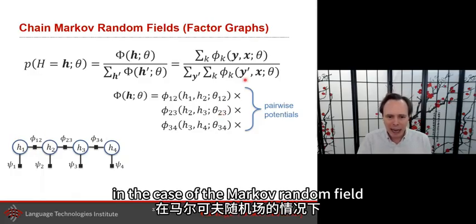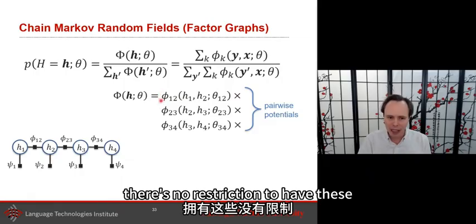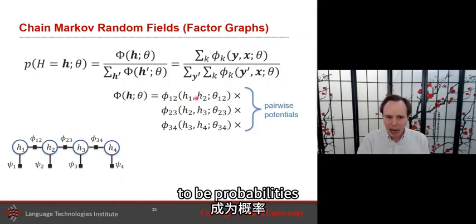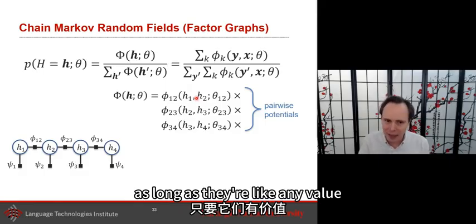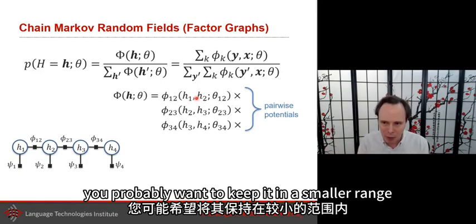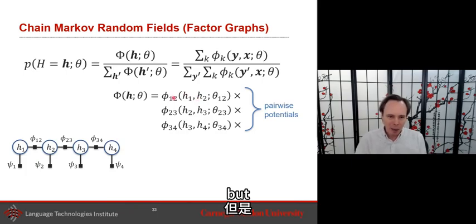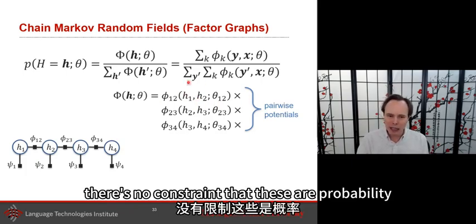In the case of the Markov random field, the main difference is there's no restriction to have these be probabilities, as long as they're any value from minus infinity to plus infinity, although you probably want to keep it in a smaller range for just numerical stability. But there's no constraint that these are probability.